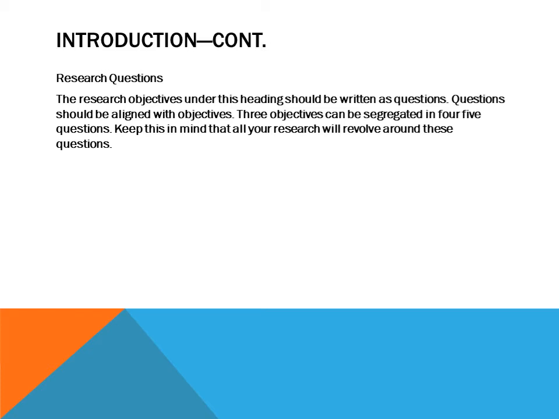Questions should be aligned with objectives. Three objectives can be segregated into 4 or 5 questions, or sometimes just 3 questions also. Keep in mind that all your research will revolve around these questions.